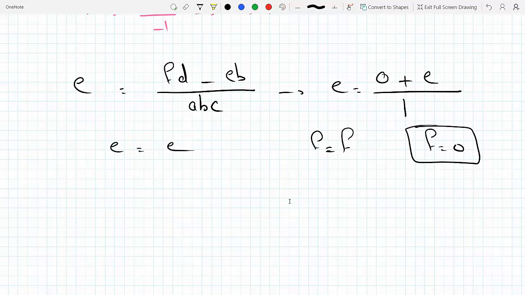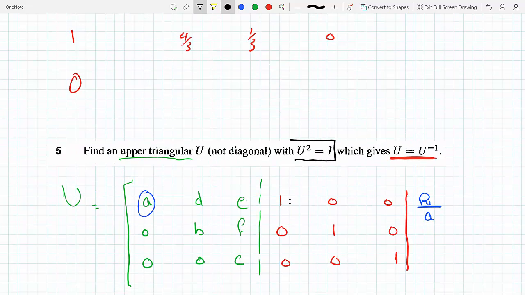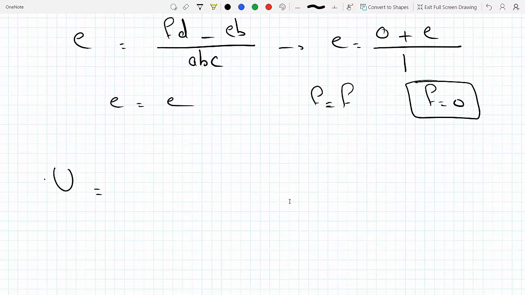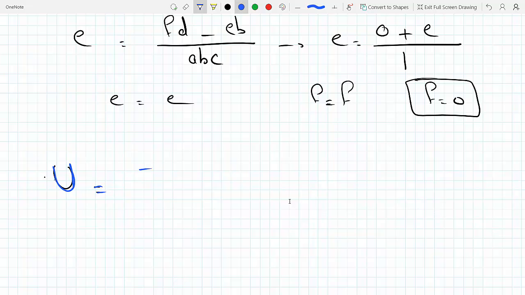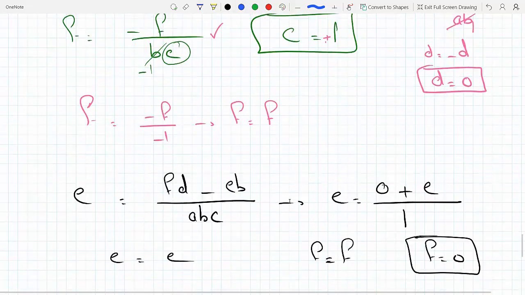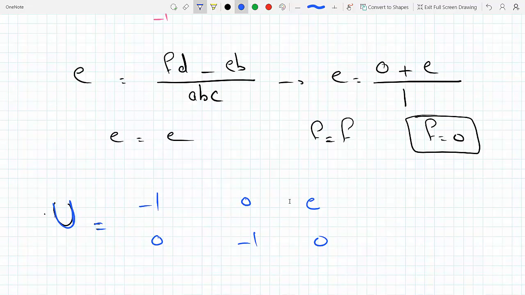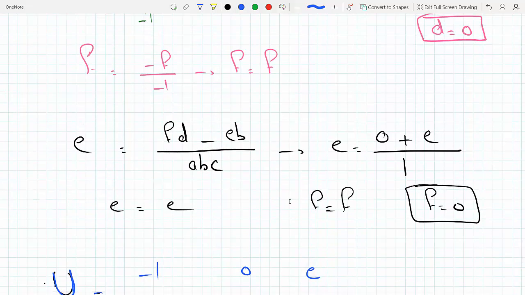Now remember, I still haven't used my second constraint, which is U squared equals I, and from that I can find my E. So then this will become, A was minus 1, we chose minus 1, so U equal minus 1, 0 for D, and E is E, and here we got 0, minus 1, 0, B is minus 1, and these were zeros here, it's an upper triangular, and then the last one, ABC, we choose C to be 1.